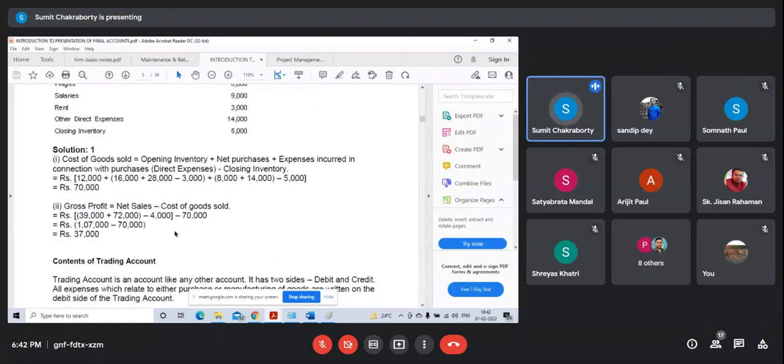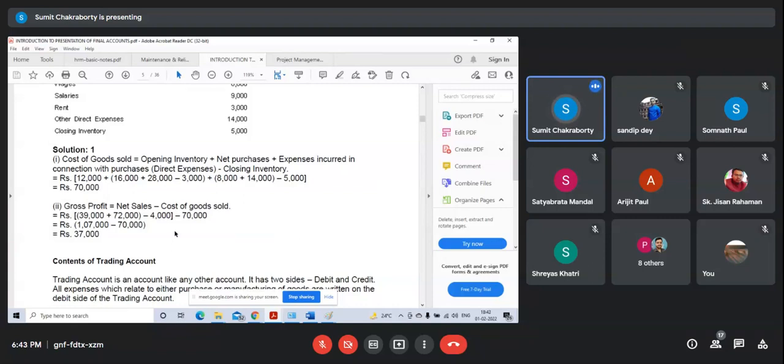Cost of goods sold equals opening inventory plus net purchases plus expenses incurred in connection with purchases, direct expenses, minus closing inventory. That equation was given. So opening inventory 12,000, net purchases: cash purchases 16,000, credit purchases 28,000, minus purchase returns 3,000.